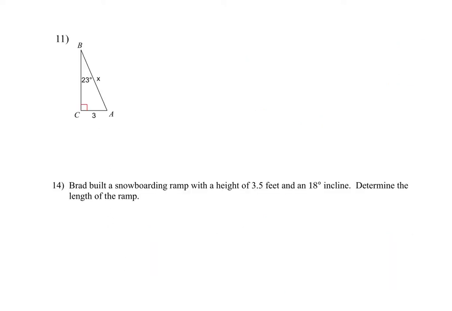Now I'm trying to find a side. Again, I'm just going to label it. Here's my angle it's talking about. This is opposite. This is hypotenuse. Which one deals with opposite and hypotenuse? Sine. So sine of 23 degrees should equal opposite over hypotenuse. Anytime what you're solving for is on bottom, you will divide. If it's on top, you'll multiply.